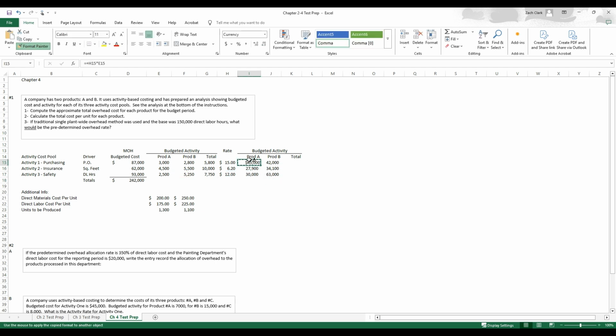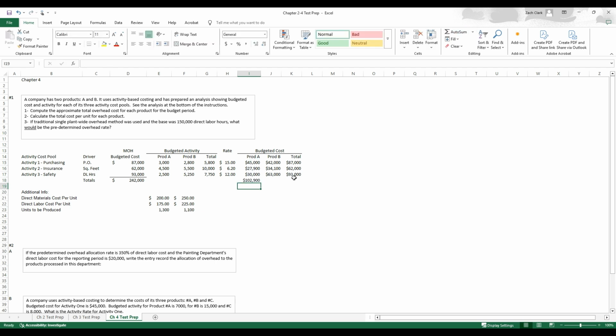And let's just do the formatting. Okay, and then we just want the budgeted cost, or the allocated cost, just like we did with our predetermined overhead rate. So total 242. You can see that matches the totals here.